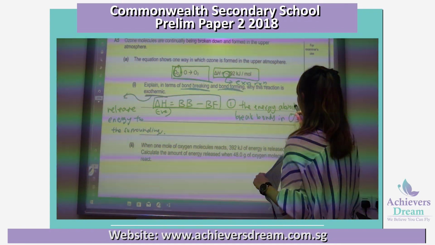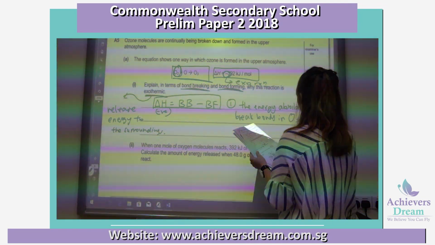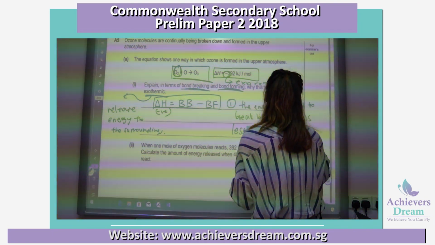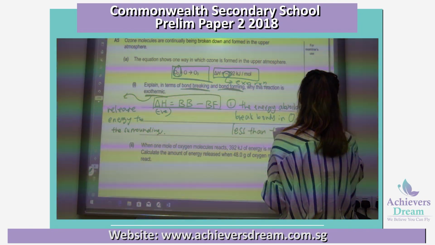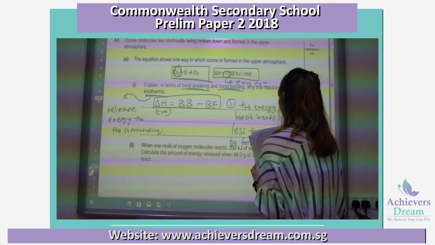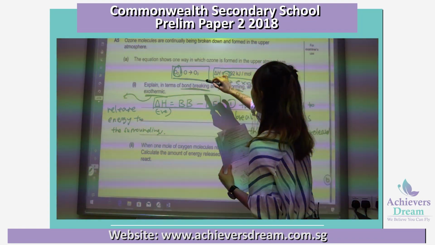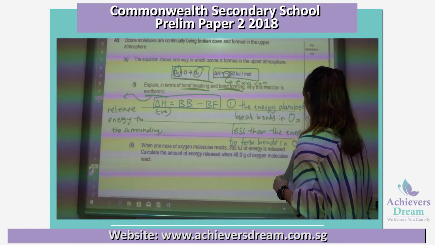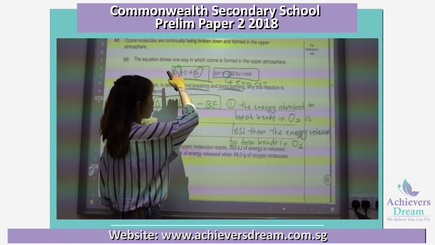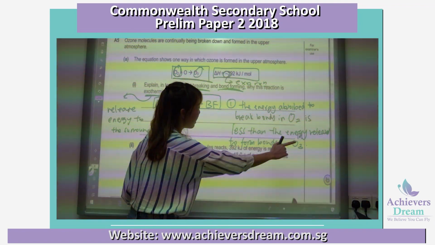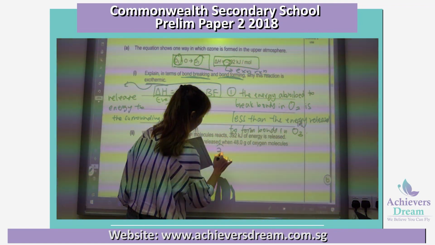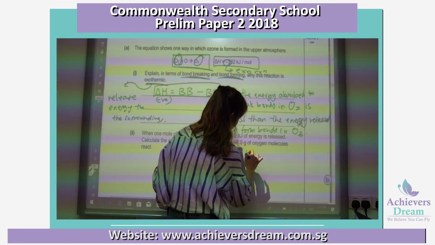So the energy absorbed to break bonds in O2 is less than the energy released to form bonds. To form bonds in where? In our product, in O3. So we say energy absorbed to break bonds in oxygen is less than the energy released to form bonds in O3. Therefore there will be a net release of energy.